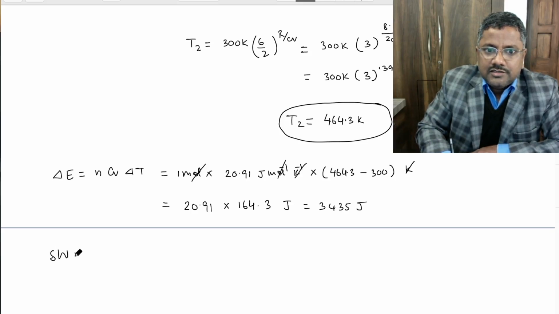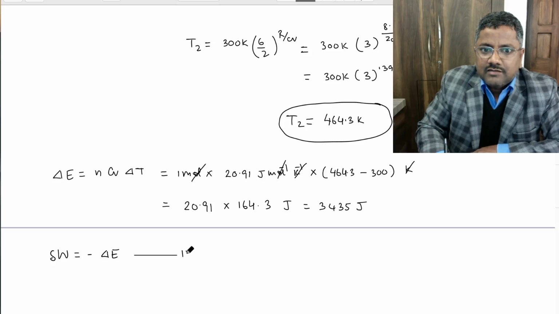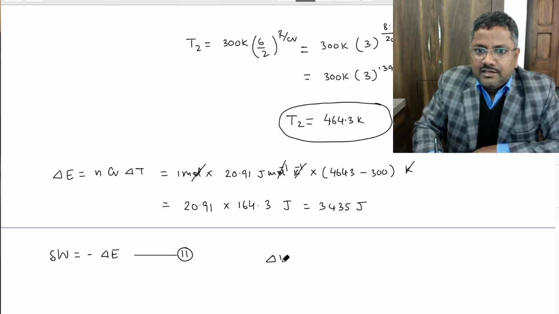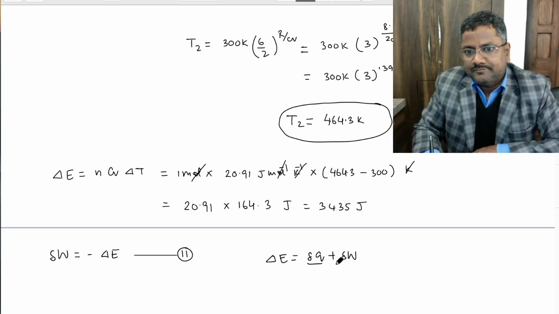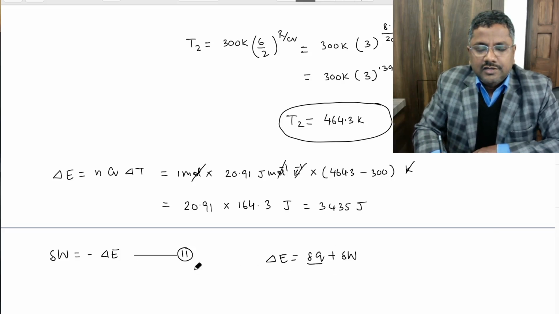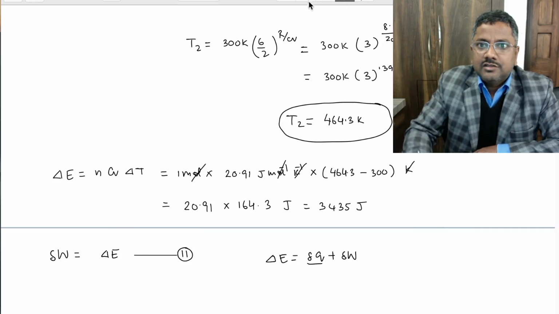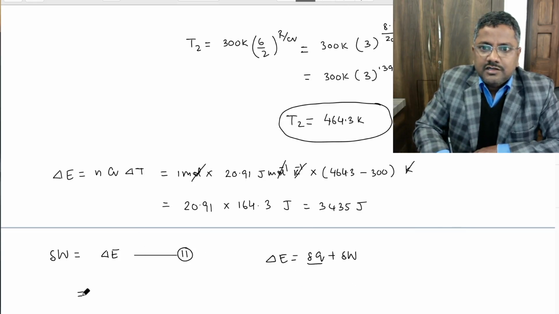And work, delta W, from the first law of thermodynamics: delta E is equal to delta Q plus delta W, and delta Q is equal to 0. So delta E is equal to delta W, W is equal to delta E, not minus E. So this is equal to 3435 joules.